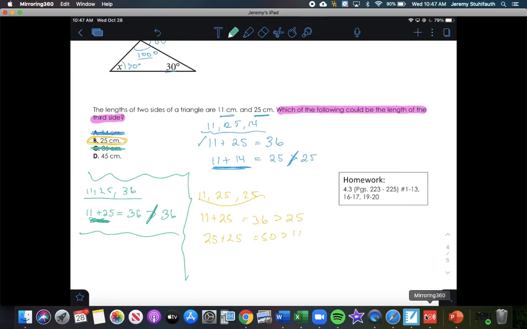And finally, if you look at 11, 25, and 45, if you add 11 plus 25, you get 36. 36 is less than 45. So again, remember, we said through that conjecture that these two sides, when added together, should be larger than the third side. It is not, so that cannot be a solution.